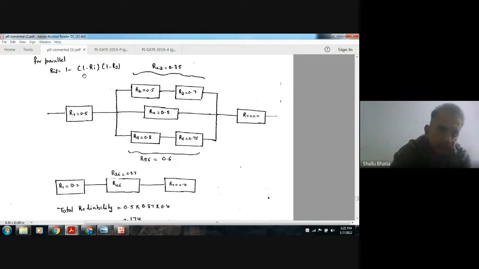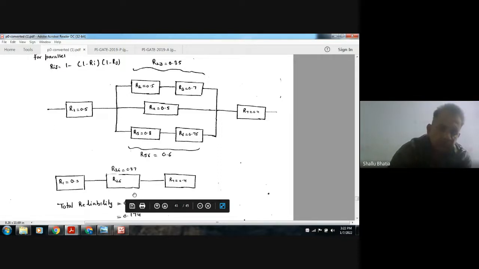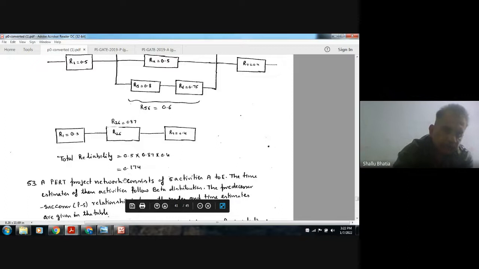By using the parallel formula, we take 1 minus 0.35, 1 minus 0.6, and 1 minus this product. So this will be 0.87, and R is 0.27. Now we get series again, so these will be multiplied again. This will be 0.174.